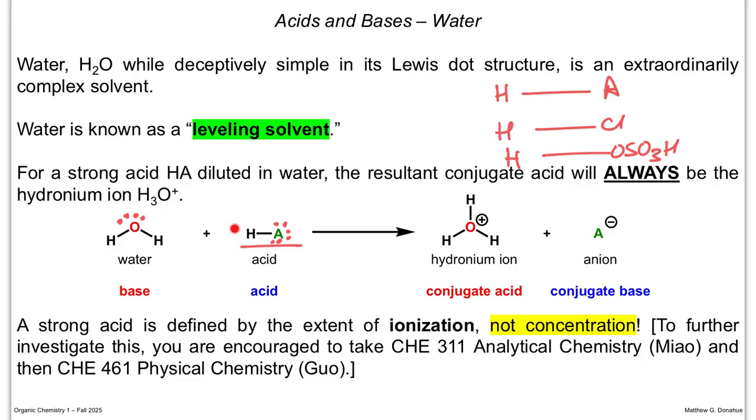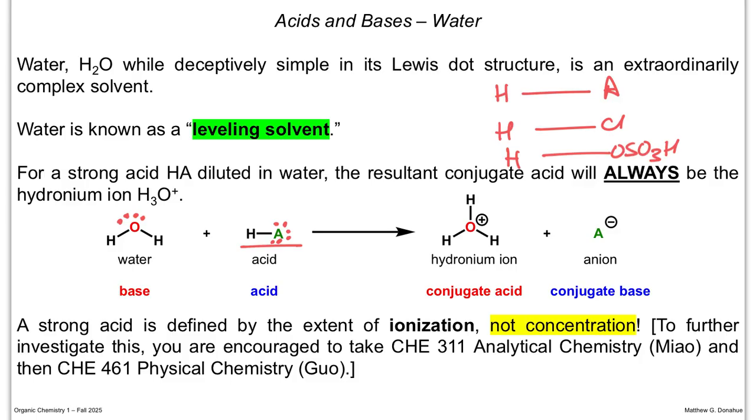As that bond forms, this one gets longer, then weaker, and then eventually snaps. And that black box in between, we'll start talking about these things called transition states and intermediates. Those are reactive species that exist between the starting materials and the products.